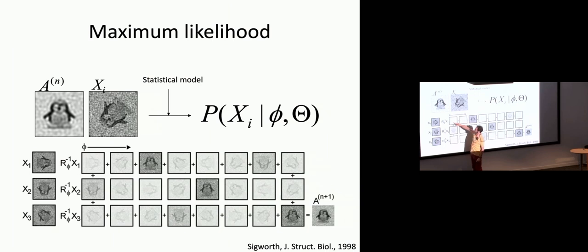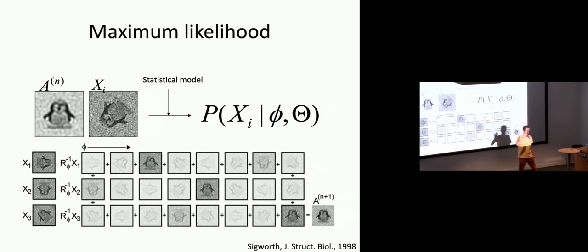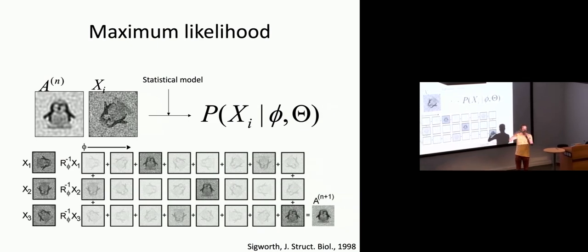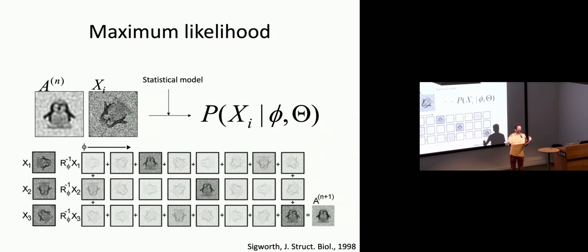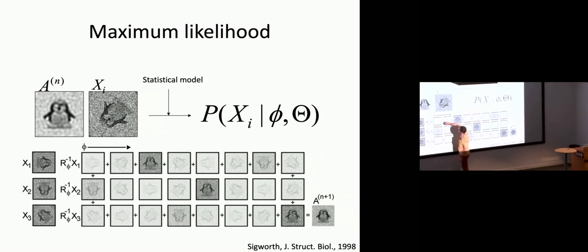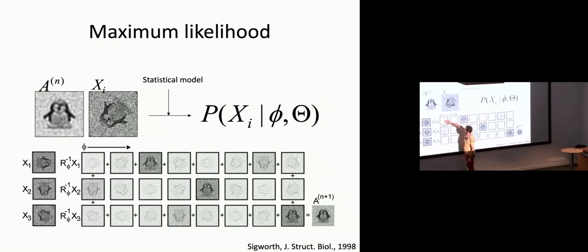And if the penguin is on its side, whereas the reference projection is upside up, then the images will be very different. The cross correlation will be low, and the probability of observing the image in this orientation, as calculated through this function, will also be low.